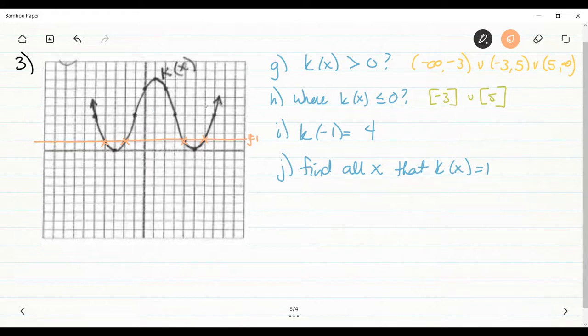Those 4 particular x values are where k of x is equal to 1. Starting on the left, the lowest one is -4. And then we have -2, and we have +4 and +6.